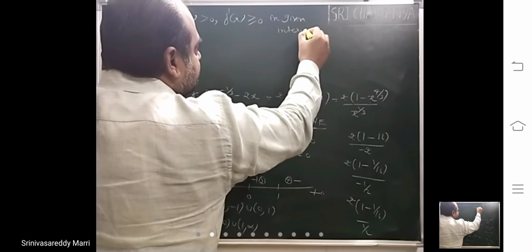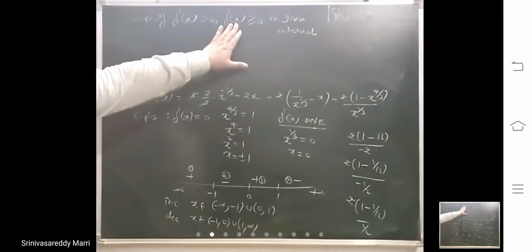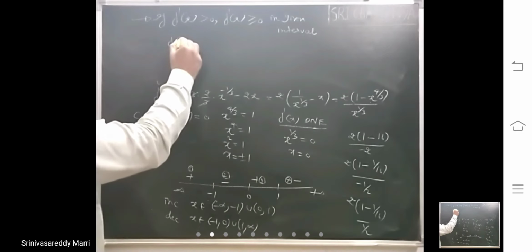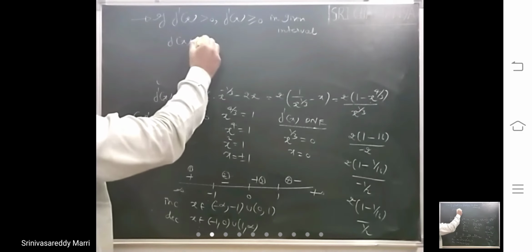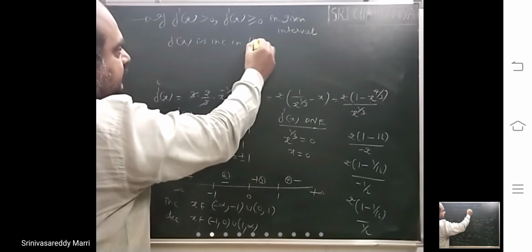Directly, by looking at that, you can say that the derivative is always positive, or greater than or equal to 0. Then f of x is increasing in that interval.